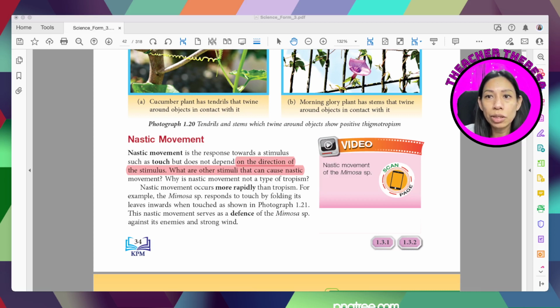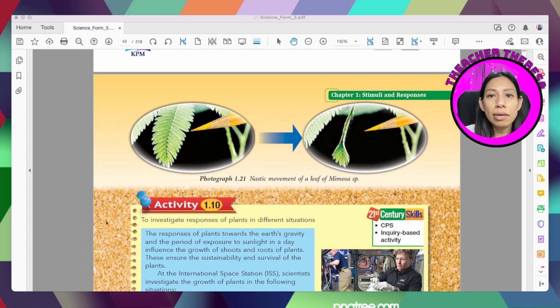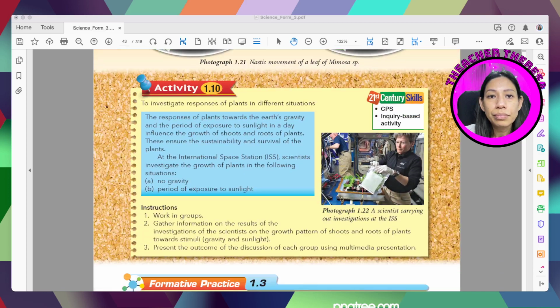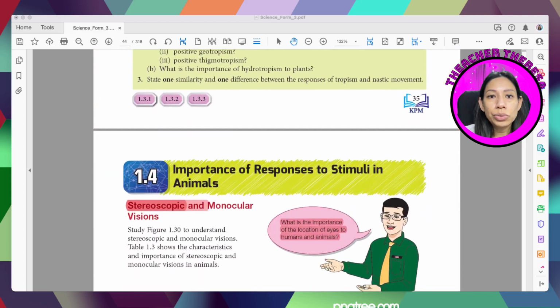So tropism only has 4 types: light, gravity, water, and touch. This touch that doesn't depend on direction is called nastic movement. For example, the mimosa plant: as soon as you touch it, it doesn't have direction, but it closes. Alright, let's go to the next part.